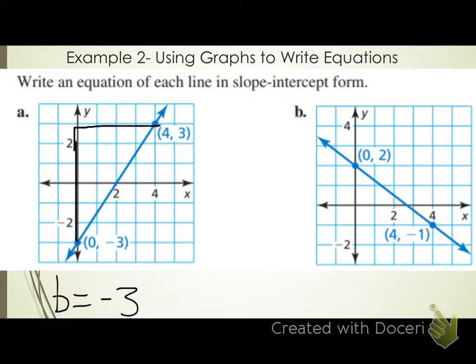The width of the triangle is my run, right? So for this case, what is the height of my triangle? 1, 2, 3, 4, 5, 6. The height of my triangle is 6. The rise is 6.